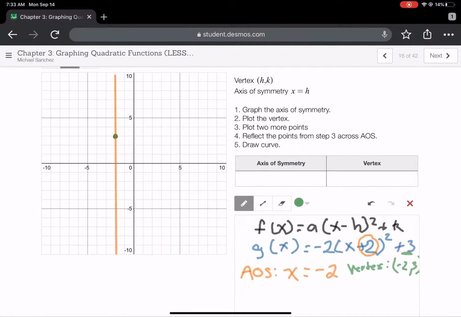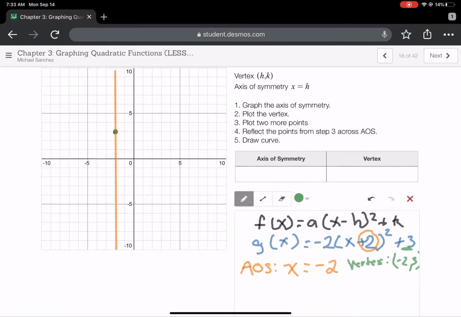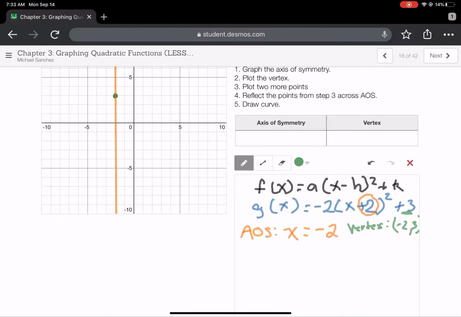There we go. Unlike our standard form function, this function doesn't tell us anything else that we can graph, so we're going to need to solve for two other values. Before I do that, I'm going to move my axis of symmetry up a little bit so I can have some space.